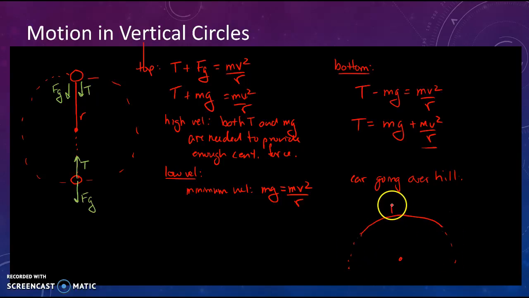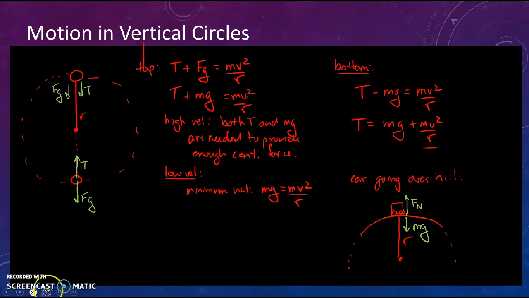We have the car going over maybe the top of the circle, R. And when it's at the very top, when you look at the forces that we have present, we have mg, this force of gravity, and then we have the normal force of the road.